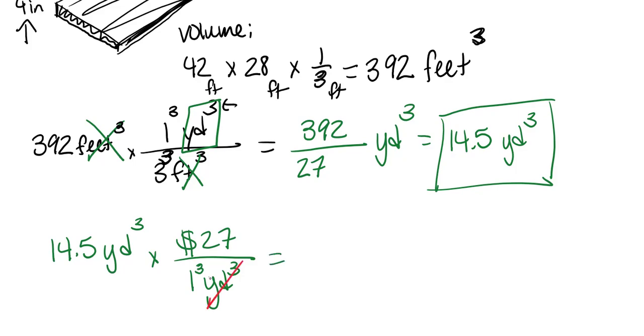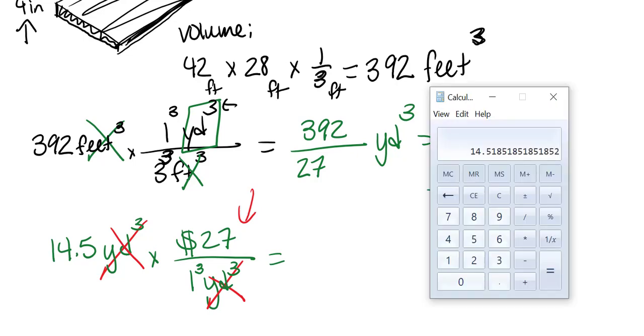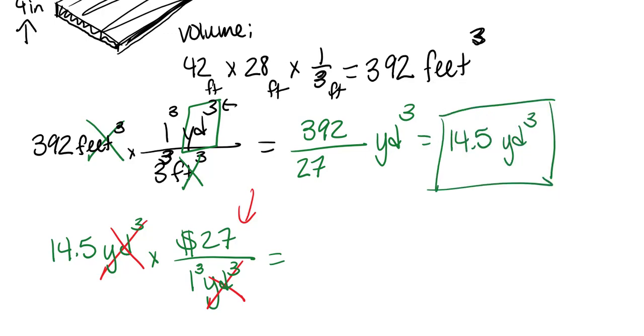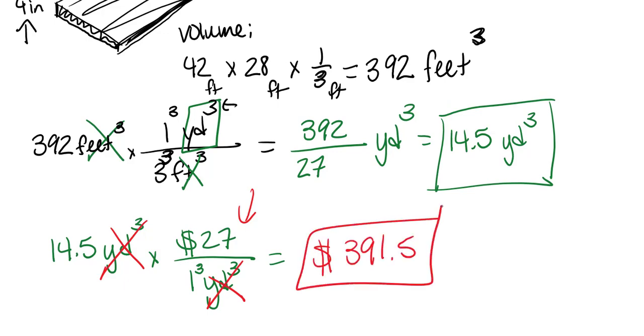Well, we can get rid of the yards, right? It just crosses out because we use this as a conversion factor. Then we go 14.5 times 27. So let's go 14.5 times 27, and we're going to get 391.5. So that will be the cost of the topsoil.